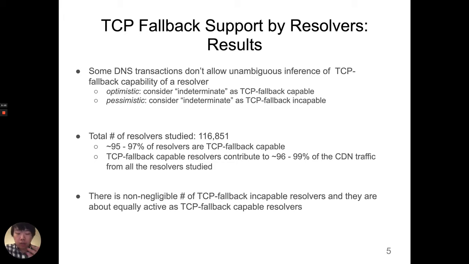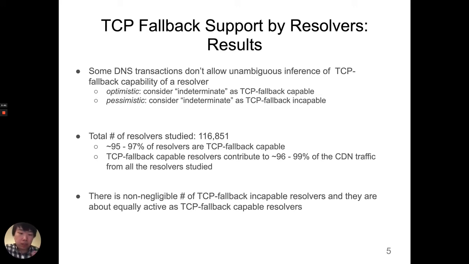So throughout all three datasets, we've discovered 116,000 resolvers, and about 95 to 97% of them are TCP fallback capable. So we use a range here to represent the number of TCP fallback capable and incapable resolvers according to the optimistic and pessimistic estimations.